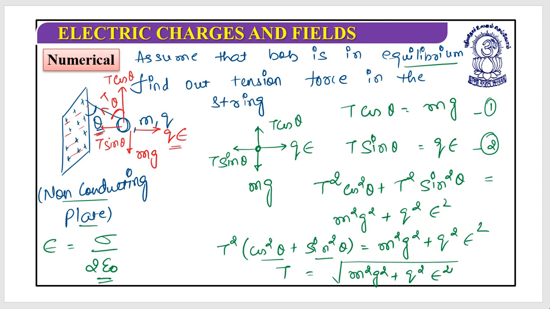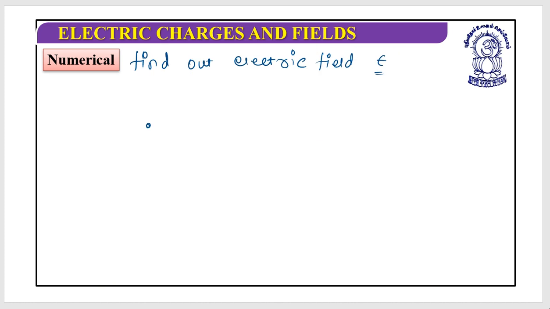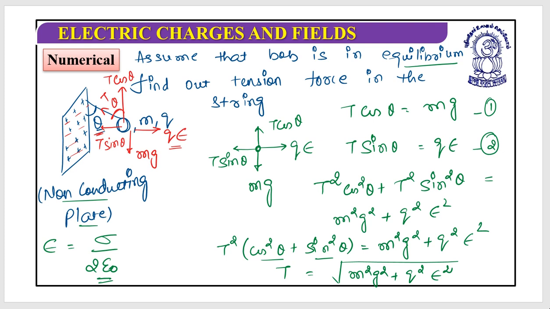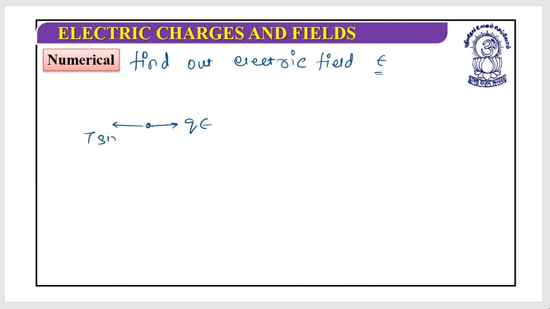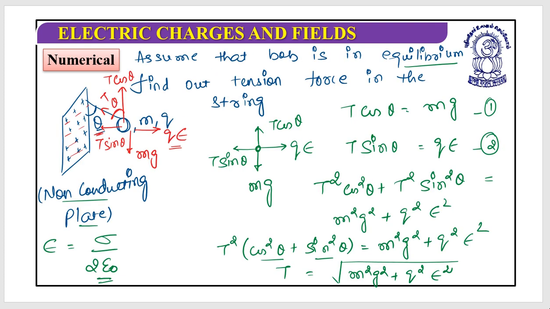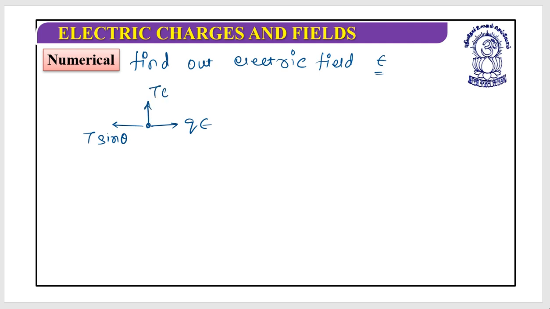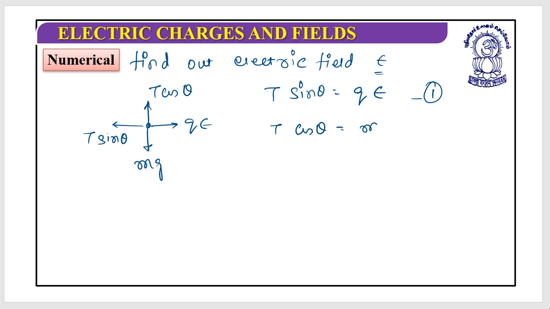This is qE and this was the T sin theta. This would be the T cos theta and this would be the mg. And we have written like this, that T sin theta should be equal to qE. Let's say this is relation number 1, and T cos theta should be equal to mg. Let's say this is relation number 2.